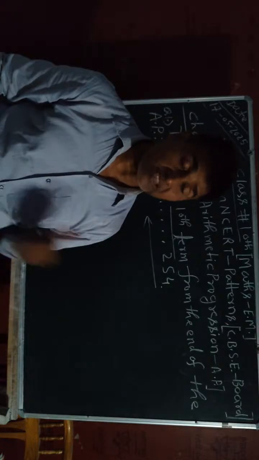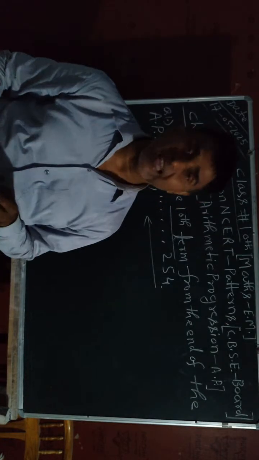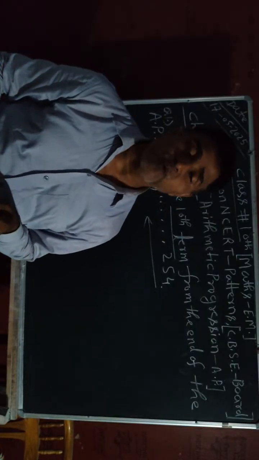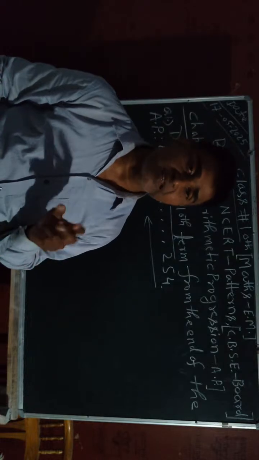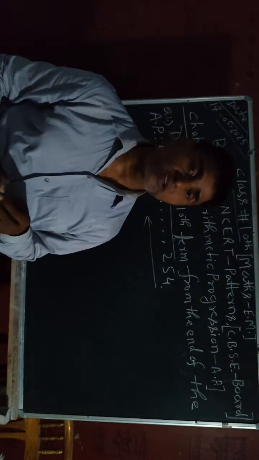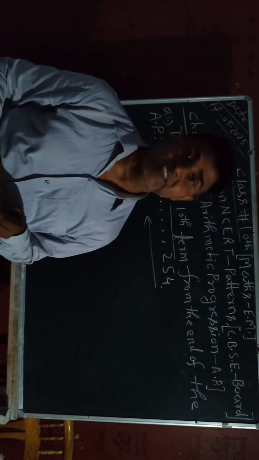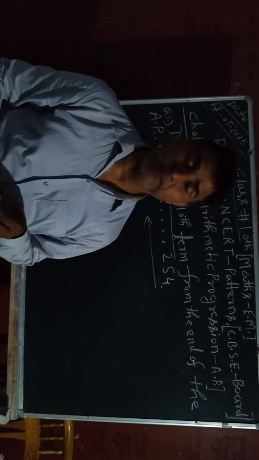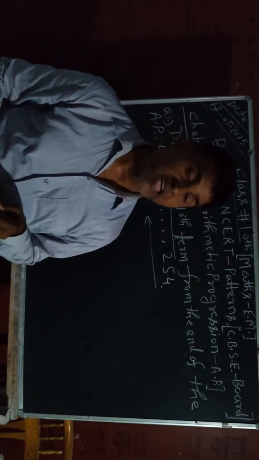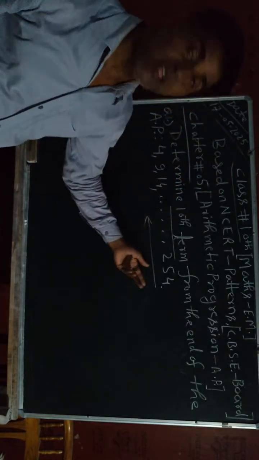If that information is not given in the question, and we have to find the last term of this series, then we have to find the common difference between each pair of consecutive numbers. If the common difference of two consecutive numbers is the same, then I will say that the sequence is in arithmetic progression, and then we have to find the 10th term from the last.